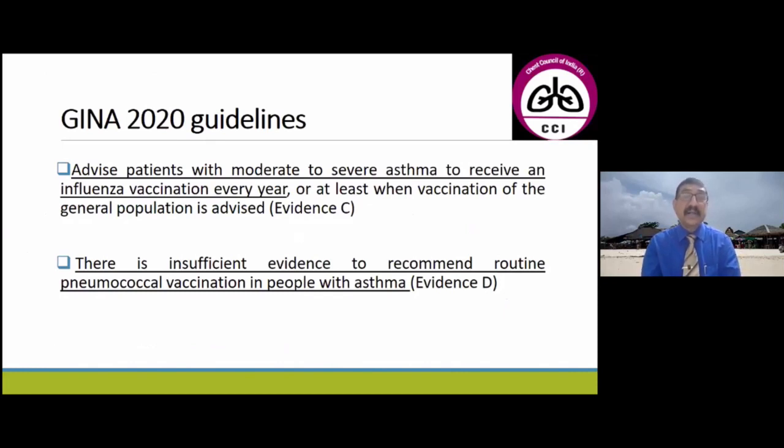There is insufficient evidence to recommend routine pneumococcal vaccination in people with asthma, that is evidence D. As I said earlier, asthma patients routinely don't require pneumococcal vaccination, but if it is long-standing, chronic persistent asthma, or fibrotic ABPA stage, you can give a pneumococcal vaccination. But influenza vaccination is a must for all asthmatics as per the GINA 2020 guideline.